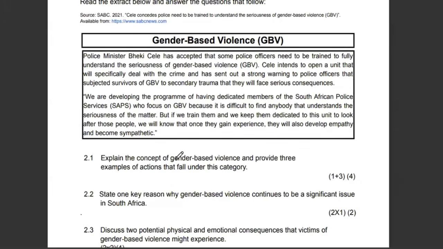So basically, gender-based violence can be referred to as any harmful physical, emotional, or psychological actions or threats directed at an individual or group of people based on their gender.